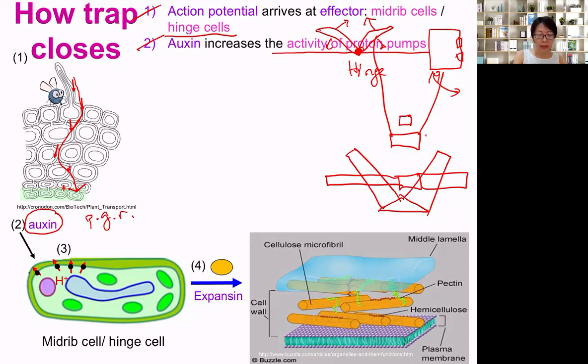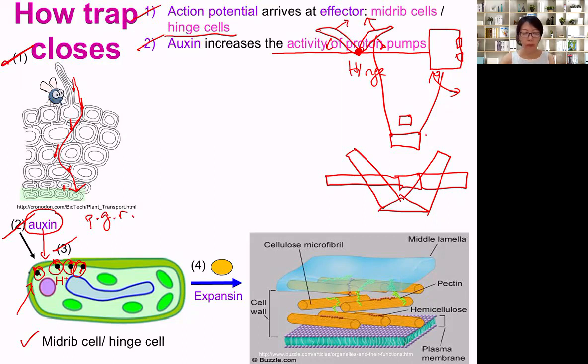This is a midrib cell, or hinge cell, and at the membrane of the cell, we have a lot of proton pumps. Number one, action potential arrives. Number two, auxin is secreted. Number three, auxin will stimulate the proton pump to pump protons out from the cell.